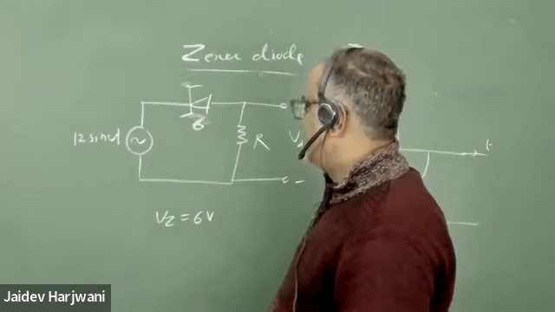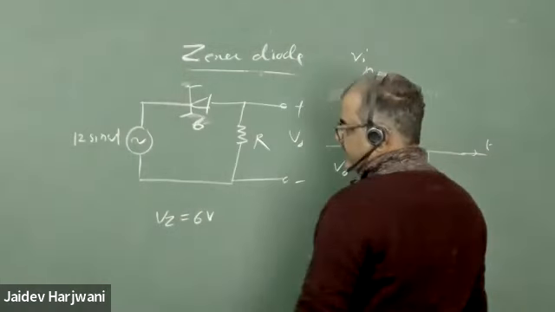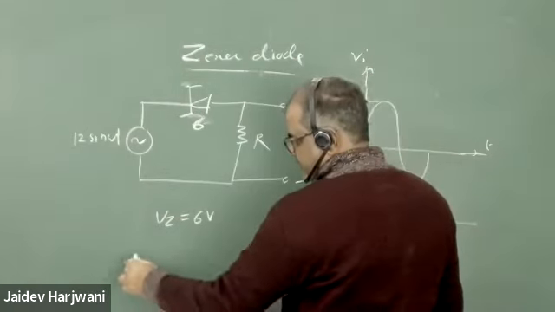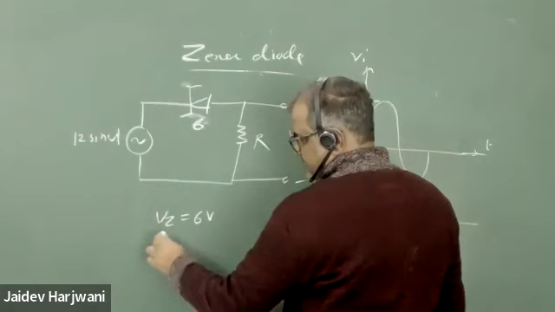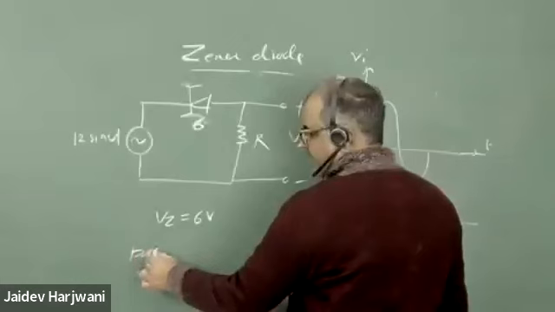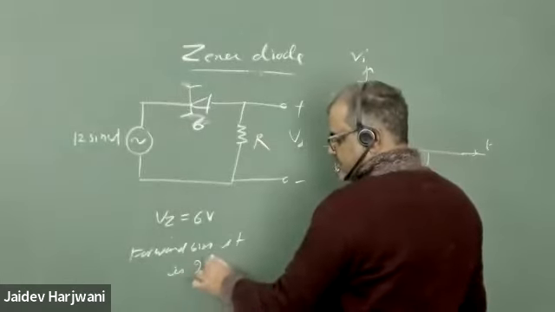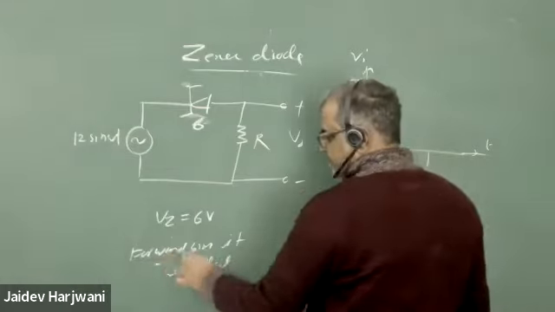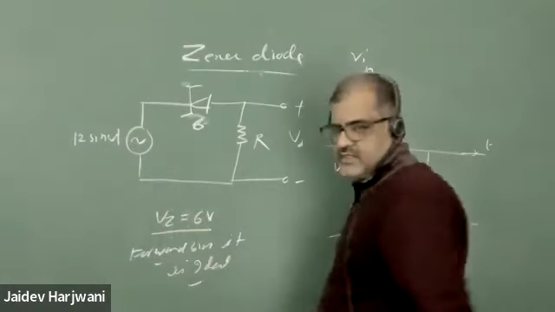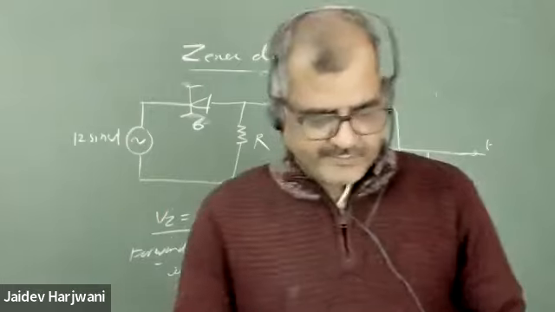Otherwise it is ideal. In forward bias it is ideal, and in reverse bias it requires 6 volt to operate.